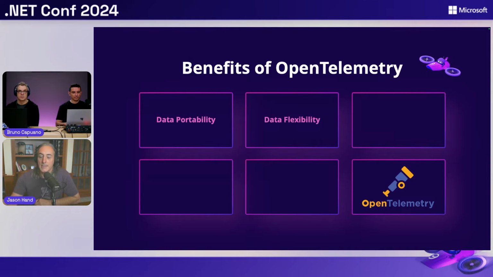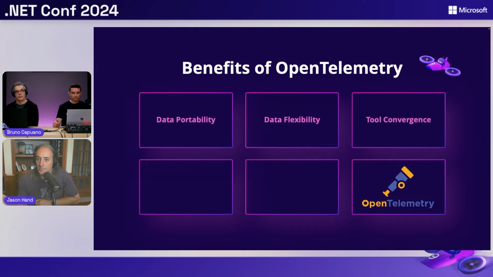Another one is data flexibility, which is related to that, where we can send metrics and traces to Datadog, and maybe logs to another backend, or maybe you're sending production telemetry to Datadog, but something else goes to another backend for visualization. And so that flexibility is nice.